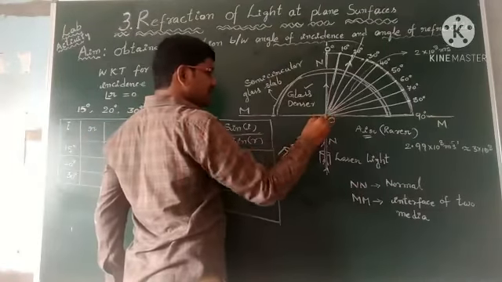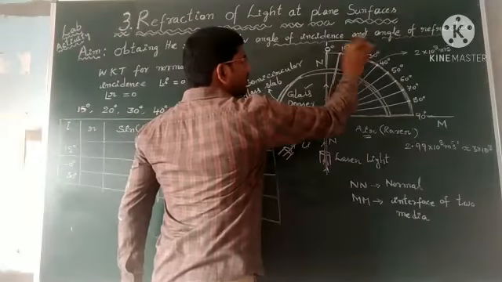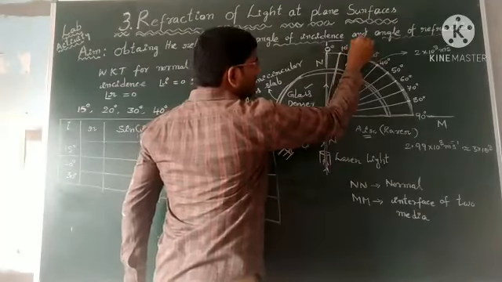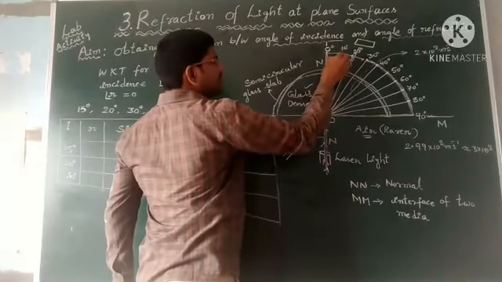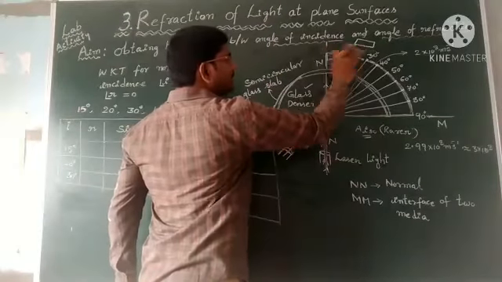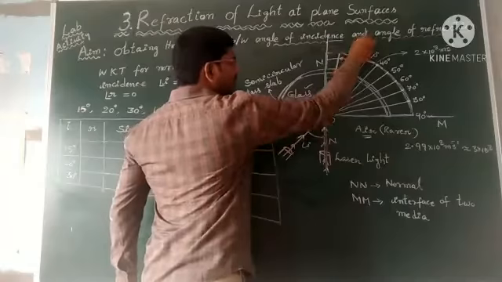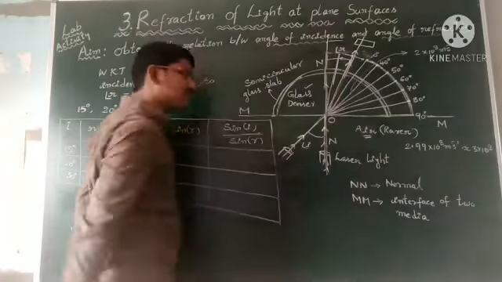This light ray is observed by keeping a small wooden plank here, and it makes some angle with the normal. This is the observed light ray, and this is the angle of refraction.